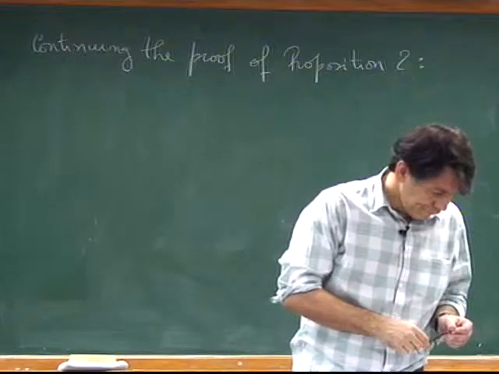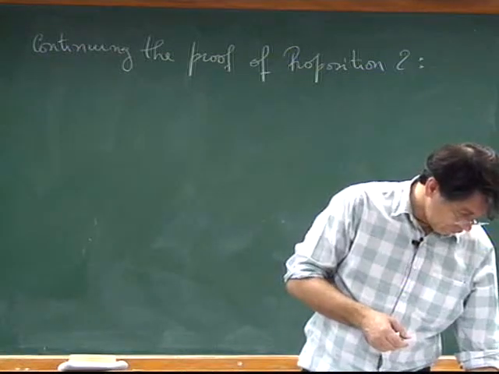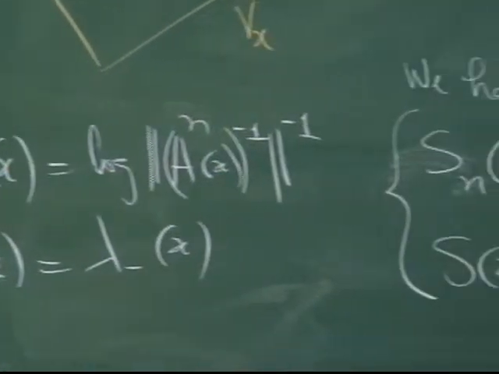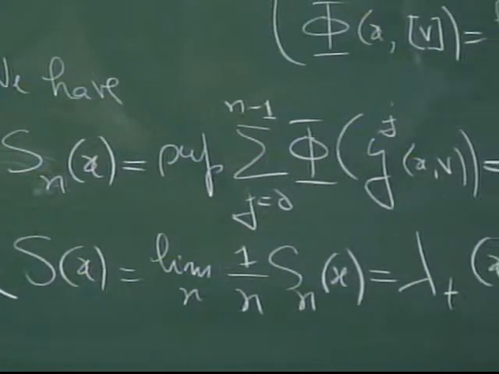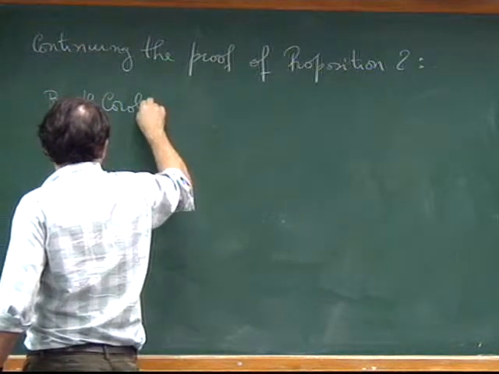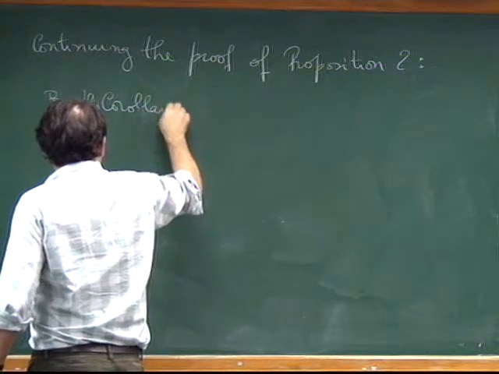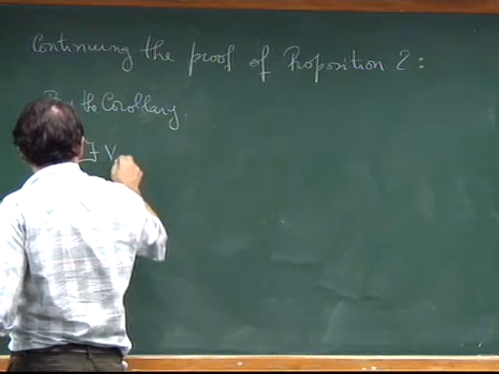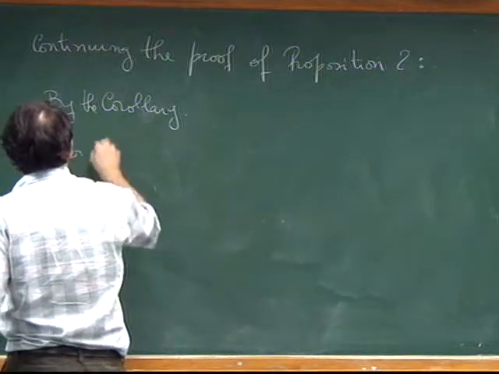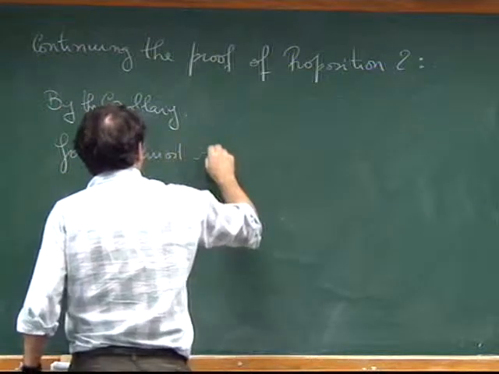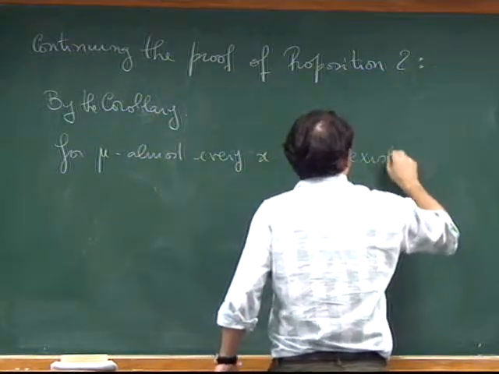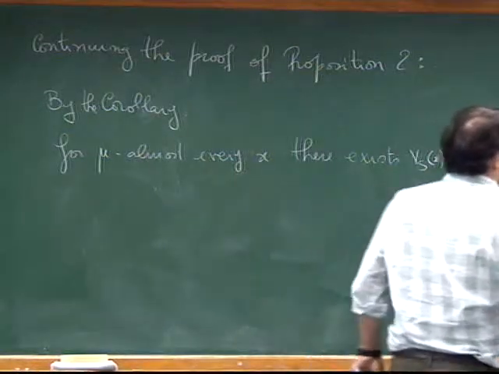So, now it's very easy. By the corollary, there exists some vector vs of x for mu almost every x, where we have this equality.